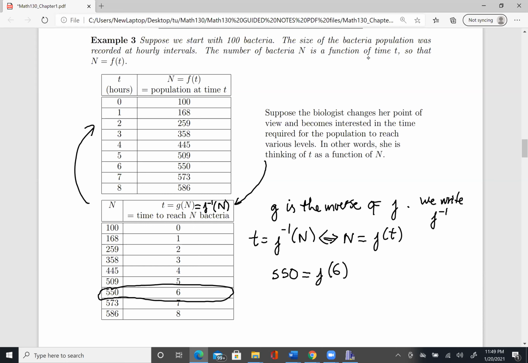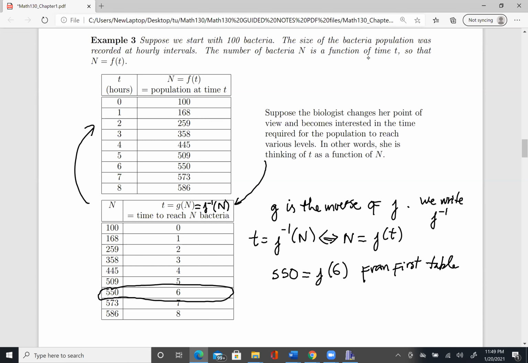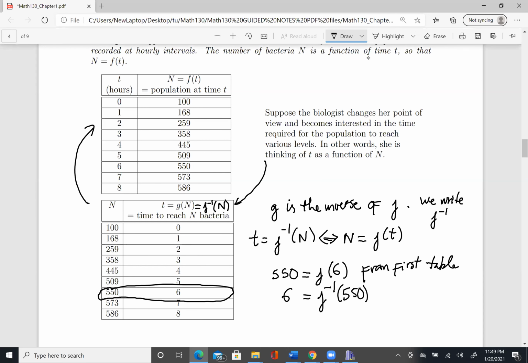Now for the first table, let's say from the first table, to make sure people don't confuse it. But from the second table, I'm going to have 6 equal to f inverse of 550 from the second table.